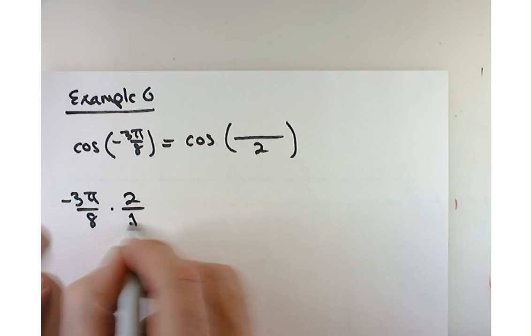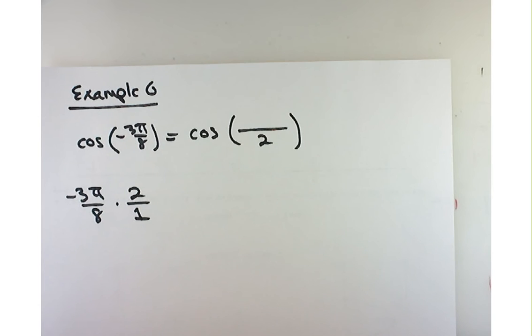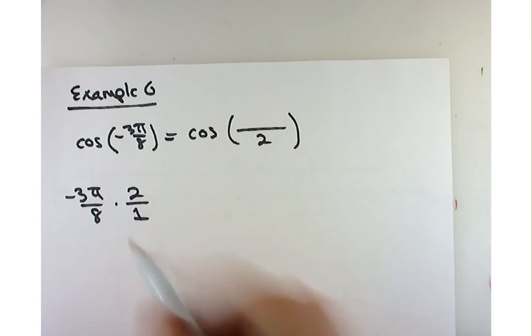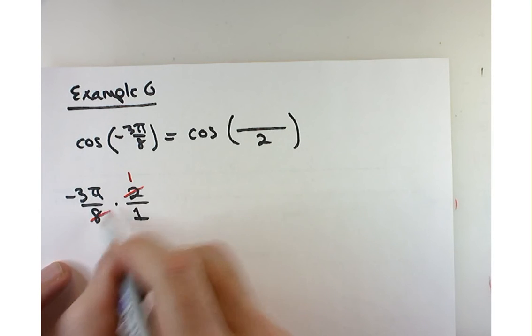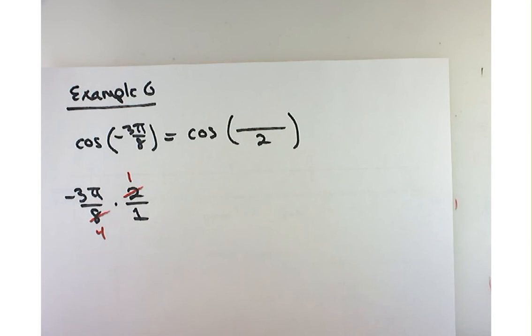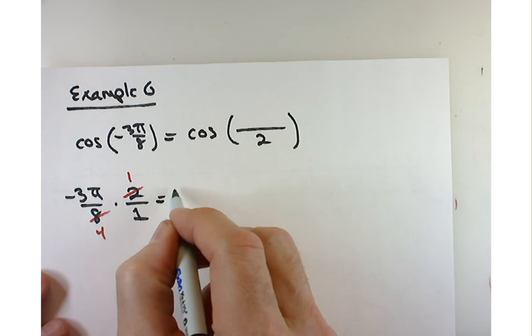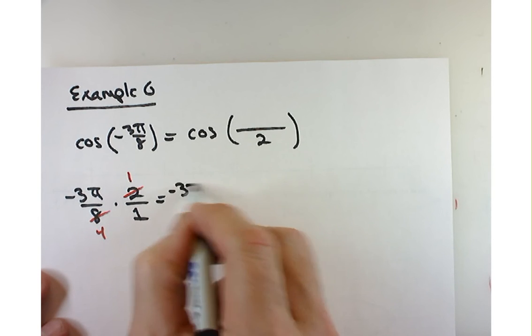And for convenience, I'll think of it as 2 over 1. Now, if you're looking at this and going, oh, I hate fractions, let's make our life a little easier. 2 cancels into 2 once, and into 8 4 times. And that makes the multiplication pretty easy. It's just negative 3 pi over 4.